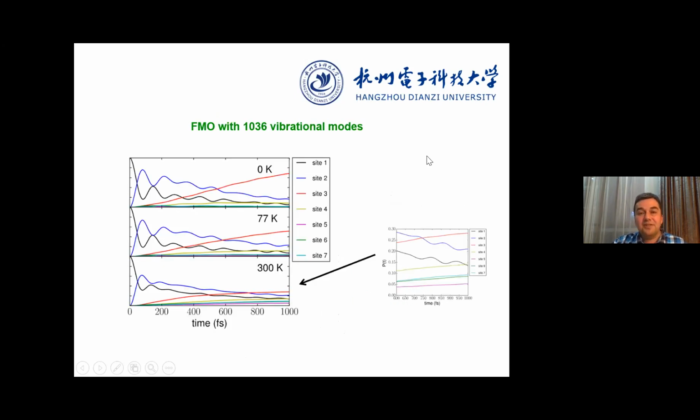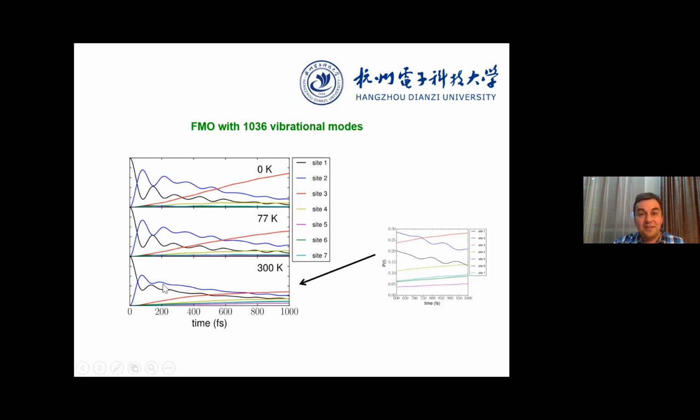And these are just illustrative simulations for populations, assuming that everything sits in the beginning in site 1. And you see that temperature effects are quite considerable in this, let's say, ab initio justified multi-dimensional model.